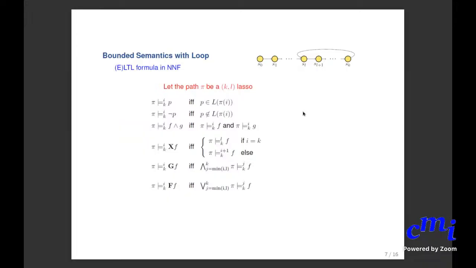So you can see that if it's a lassoing path, you can extend the check to conclude completely and precisely the satisfaction for the infinite path by just looking at the k-long prefix.